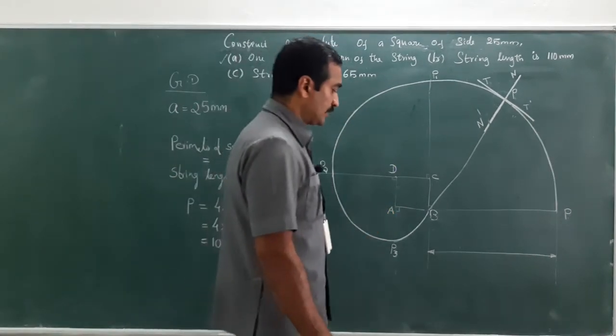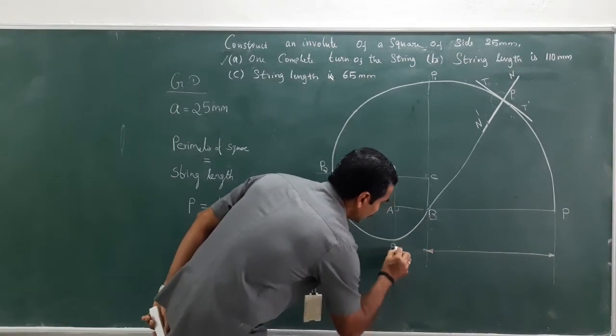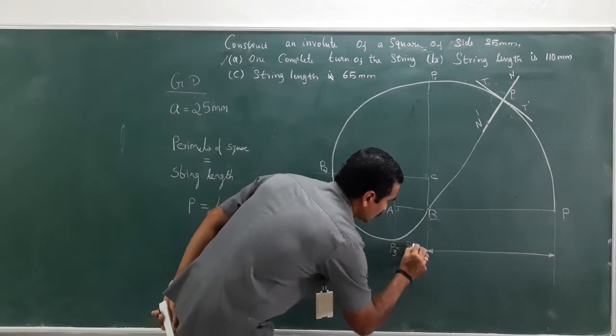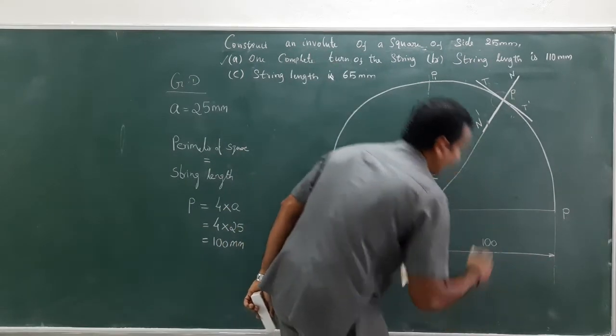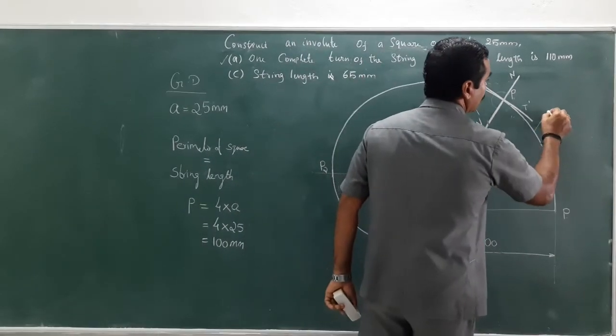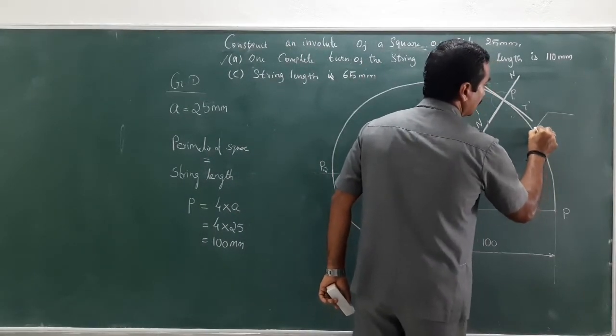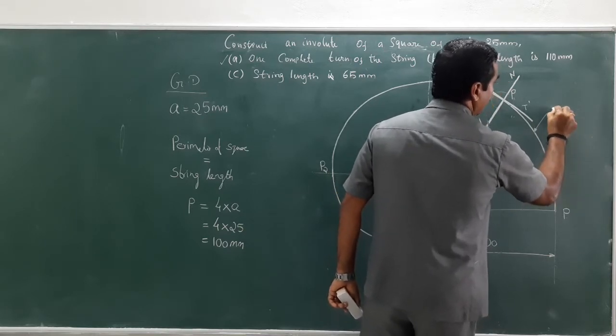Right. Next, the dimensions. This side is 25 and the perimeter is 100 mm. With a leader line, mention the name of the curve, taking the guideline, involute.